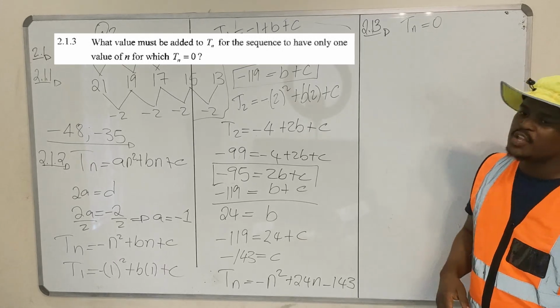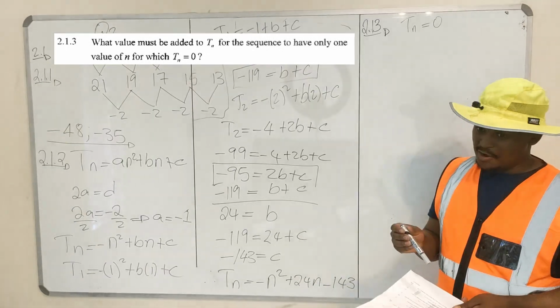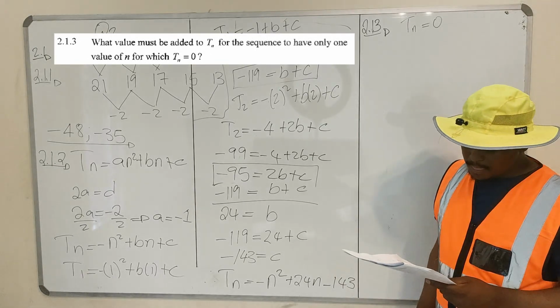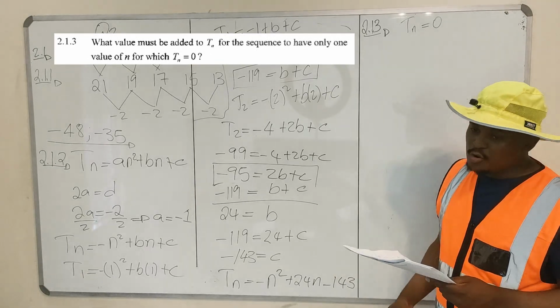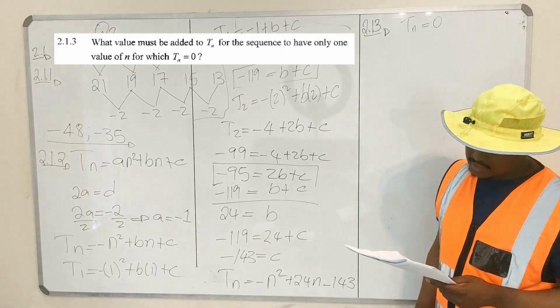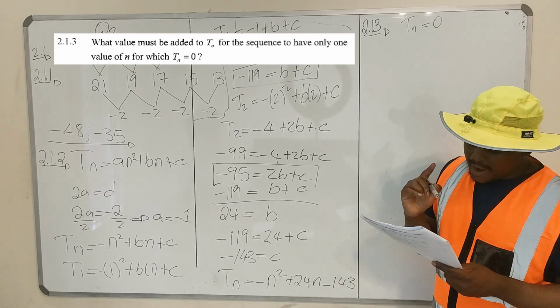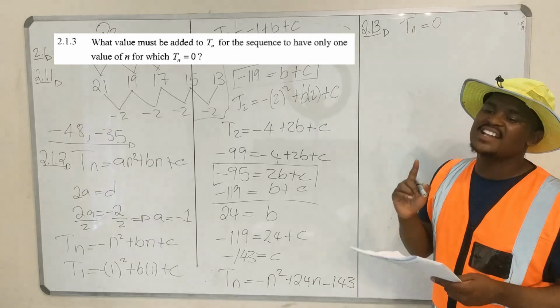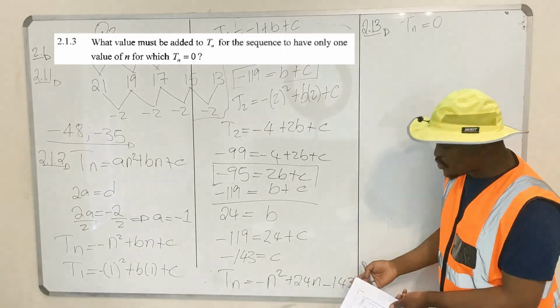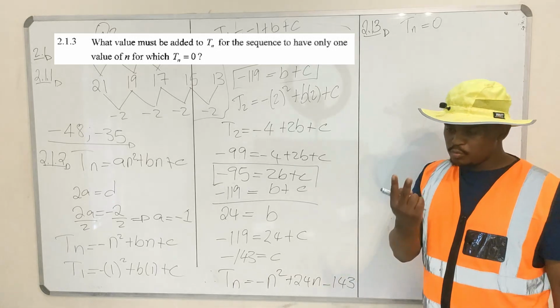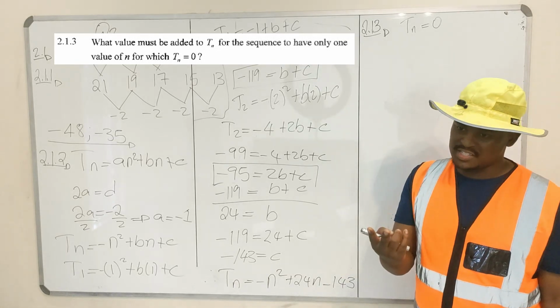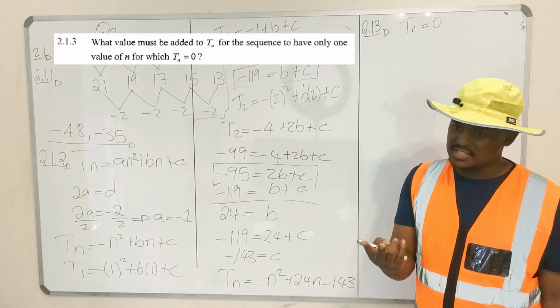Fine. So, let's go to the question now. The question is saying, what value must be added to Tn, right? So that the sequence only has one value for which Tn is equal to 0. So I would think this sequence here has two values for which the sequence is equal to 0. Do you understand what that means?